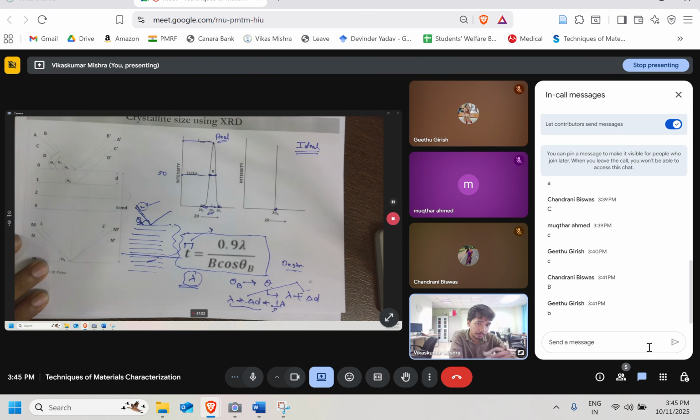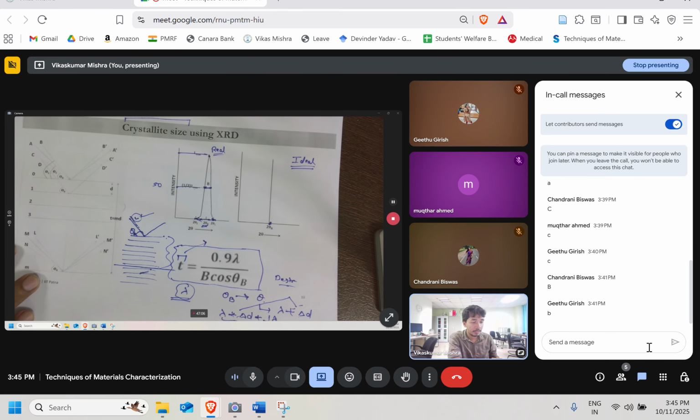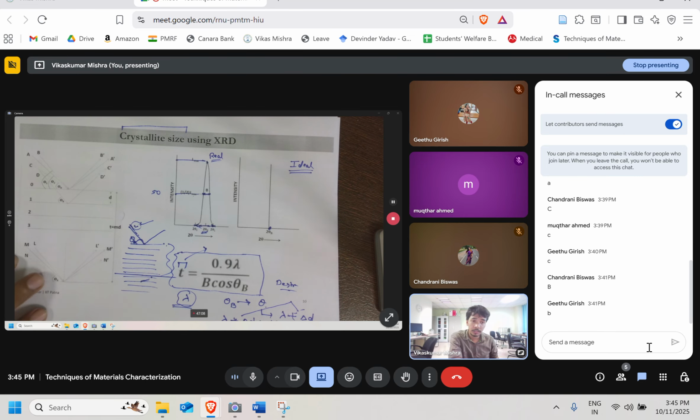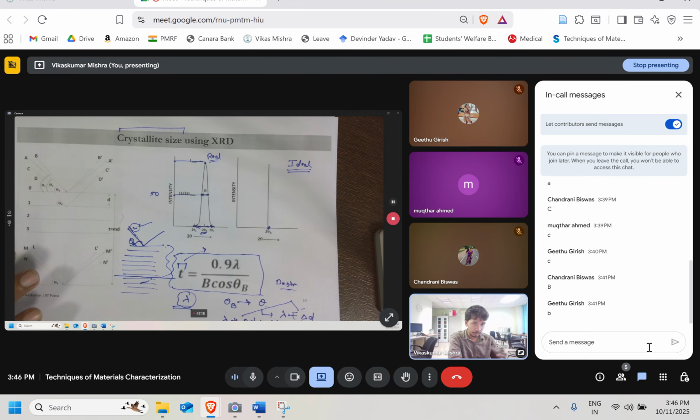The definition of crystallite size is not very complicated, but since it was not explained in the class, I should not speak on it or we will deviate in a different direction.